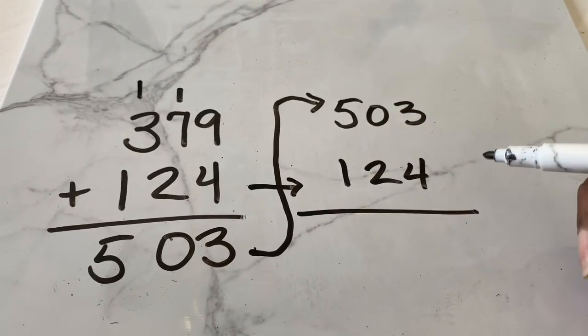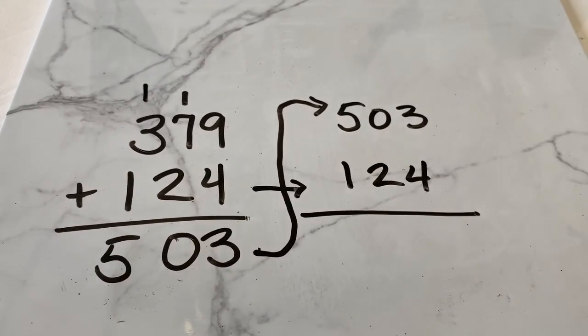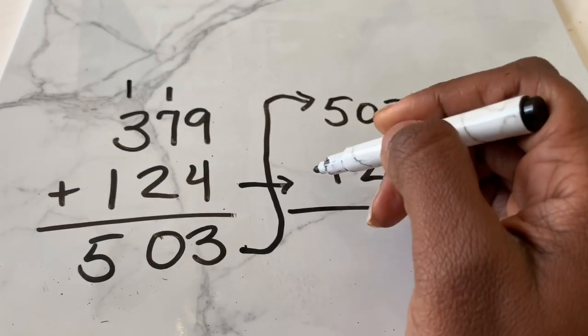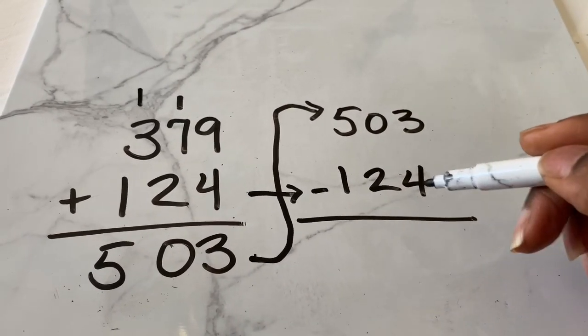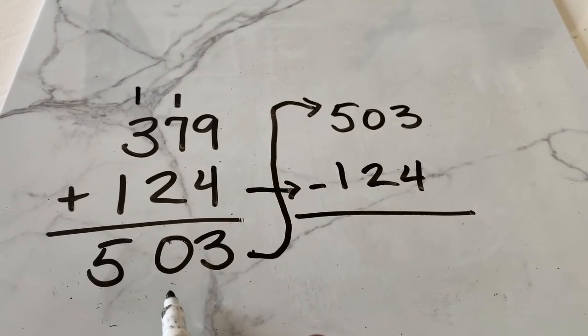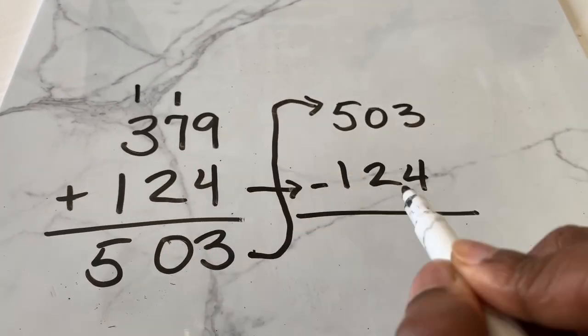This time, instead of addition, we do the inverse, which means the opposite math, and the opposite of addition is subtraction. So 503 minus 124. If 503 was the right answer, then the answer to this one will be 379.